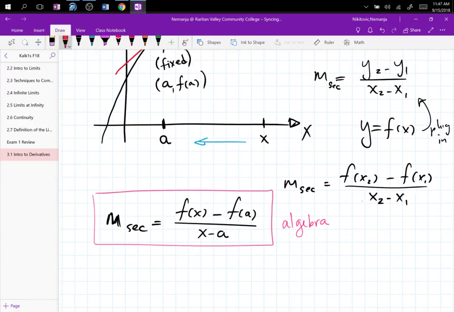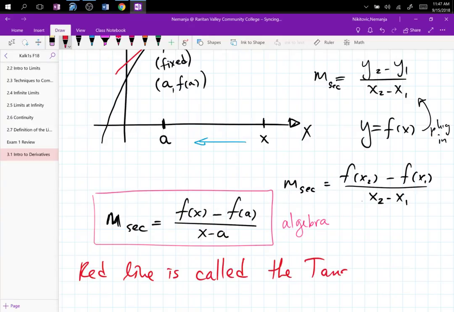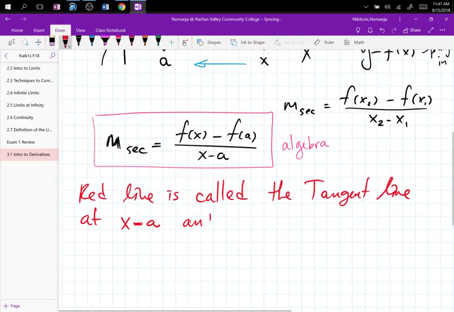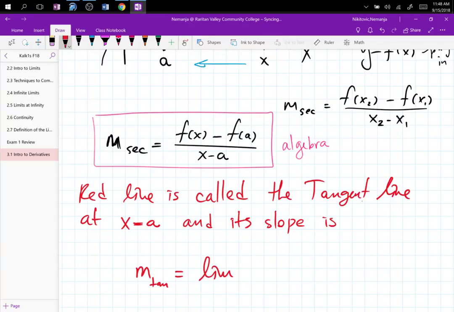So, the red line is called the tangent line at x equals a, and its slope is m tangent is equal to the limit of m secant as x goes to a.